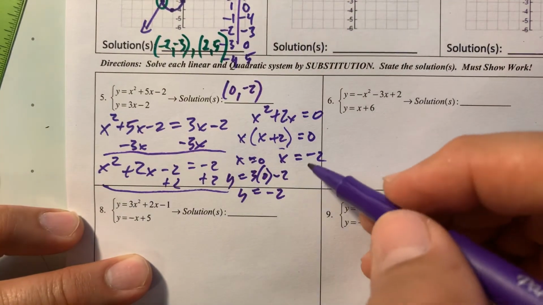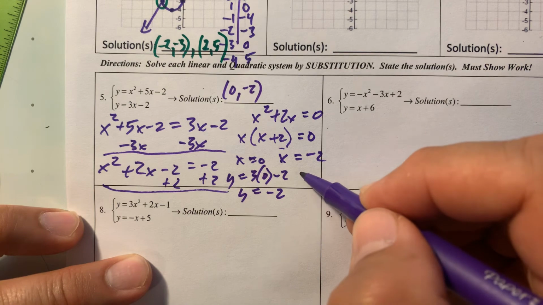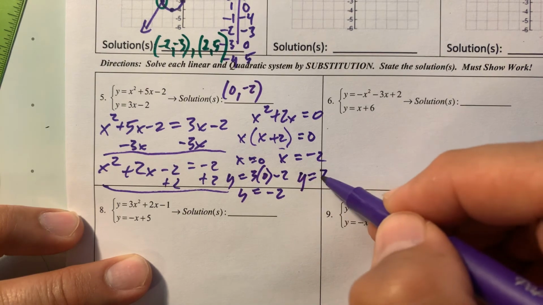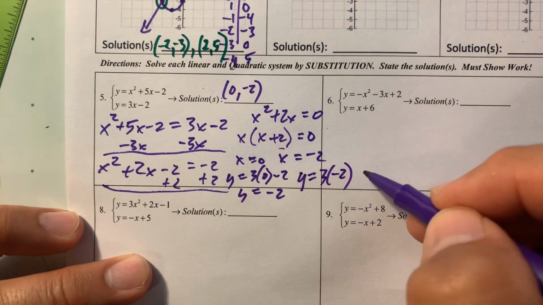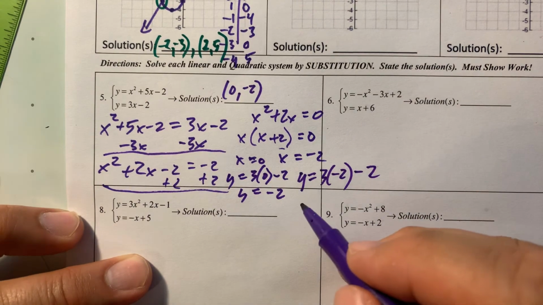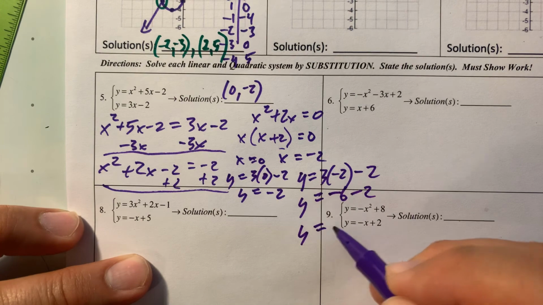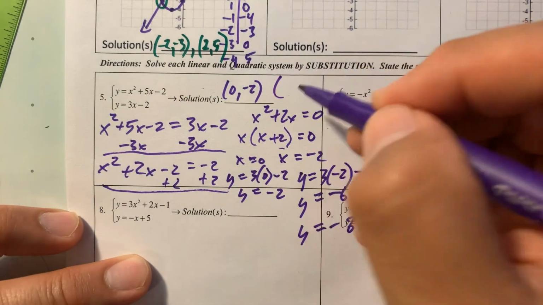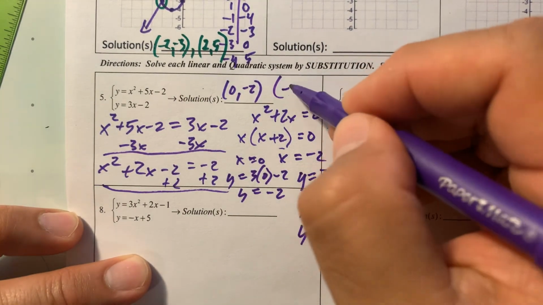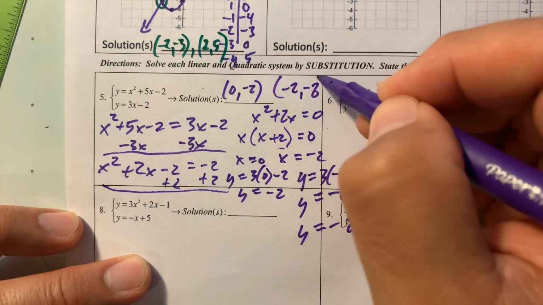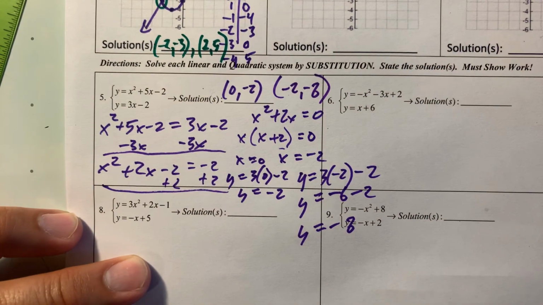And then the other solution: y equals 3 times negative 2 minus 2, which means y is equal to negative 6 minus 2, which means y is equal to negative 8. So our other solution is negative 2, negative 8. All right, make sure you show your work. And remember, you can have two solutions, one solution, or no solutions. All right, good luck with that.